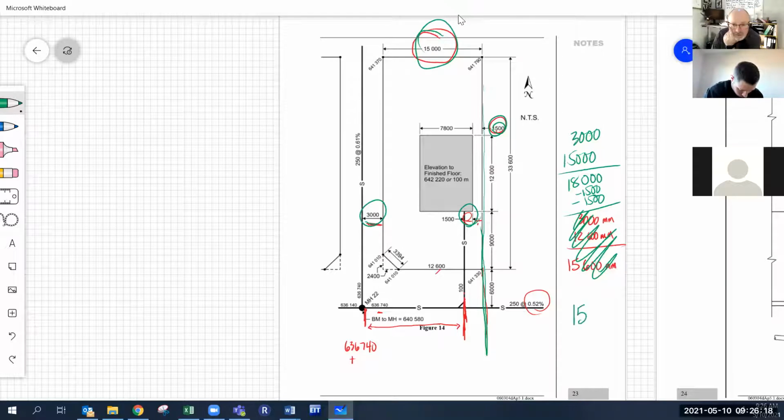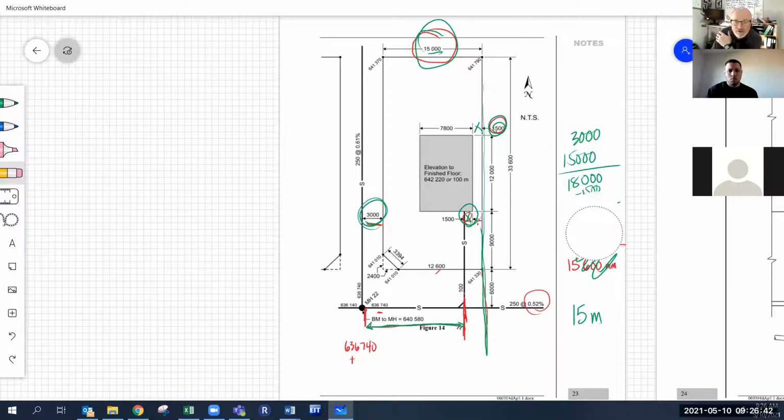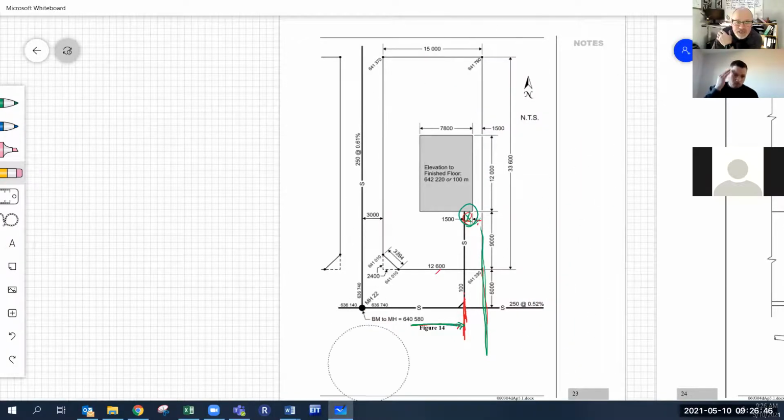So it runs 15 meters. This is this line, 15 meters. So this minus this and this gives me 15 meters, because that's added and then we have to take it off. So my run is 15 meters.